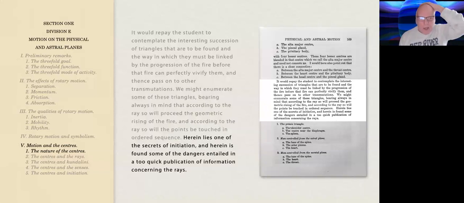Next, herein lies one of the secrets of initiation, and herein is found some of the dangers entailed in too quick publication of information concerning the rays. The initiating point of a triangle, the direction of energy flow, and how and where the fire transfers from one triangle to the next, all determined by the initiate's ray makeup, is necessarily guarded info.